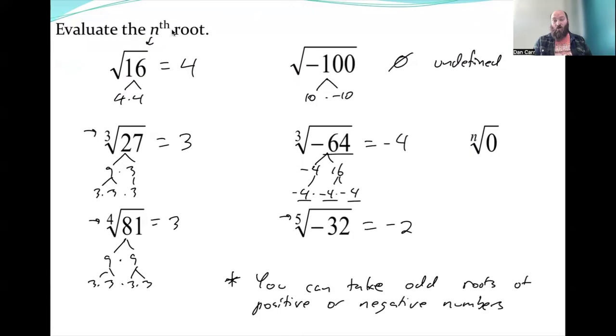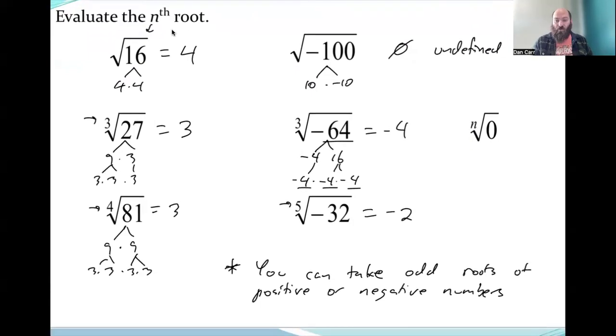But you can only take even roots of positive numbers. So you can only do positive numbers if they're even roots, like square root, fourth root, and all that.